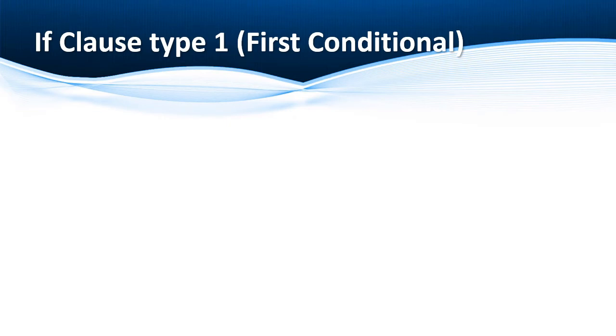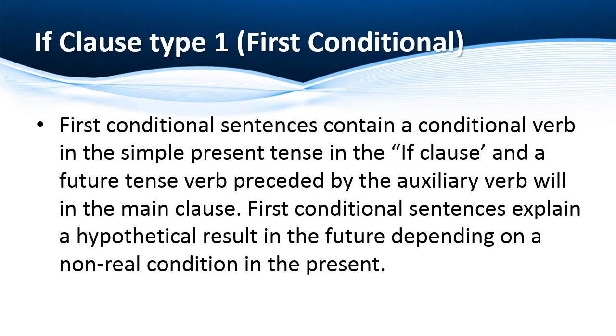And now we are going to see if clause type 1 or first conditional. First conditional sentences contain a conditional verb in the simple present tense in the if clause and a future tense verb preceded by the auxiliary verb will in the main clause.